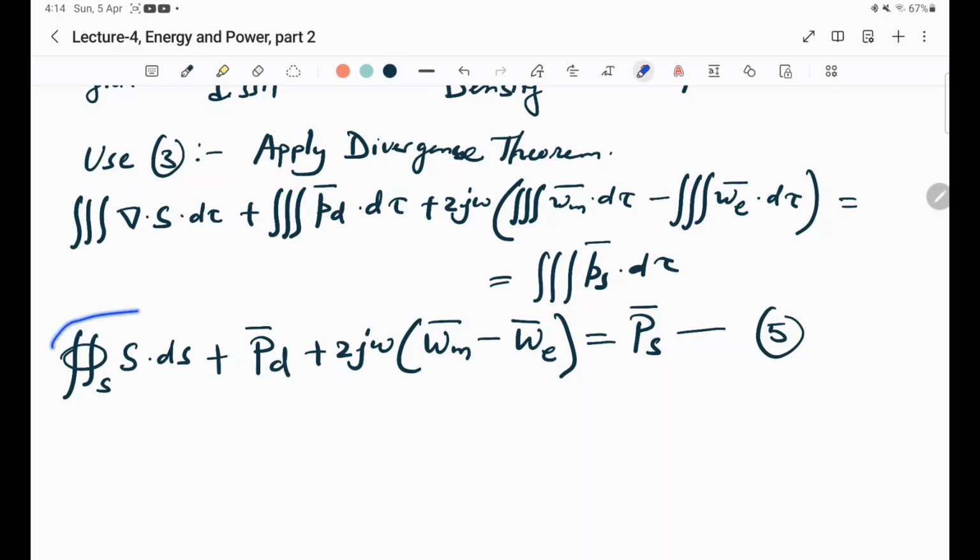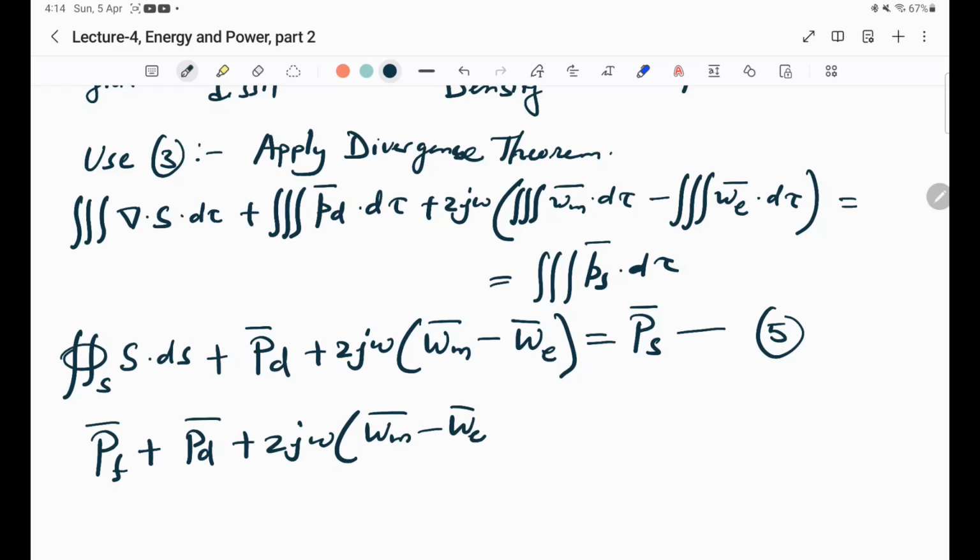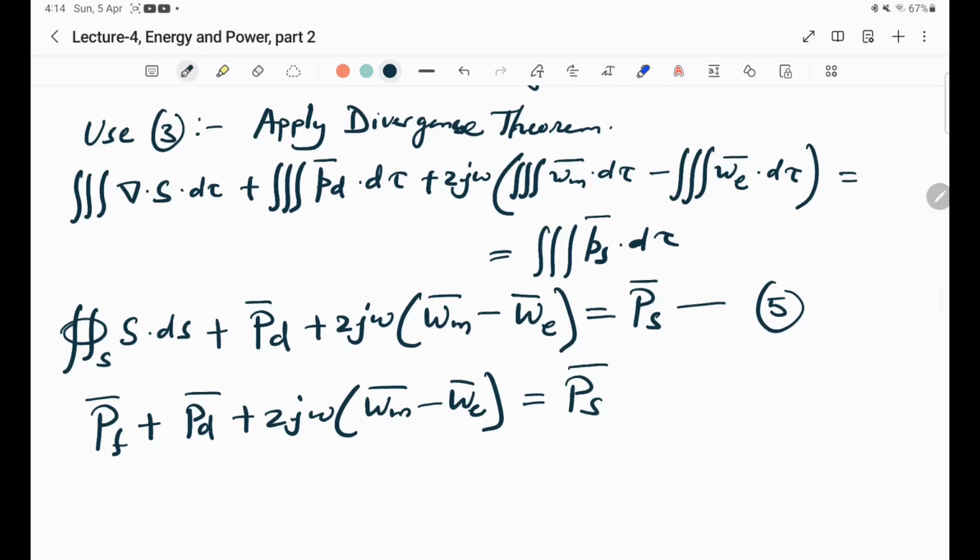Now if I replace this term with the total power flux, that is capital Pf, I will get capital Pf bar plus Pd bar plus 2j omega Wm bar minus We bar is equals to Ps bar.